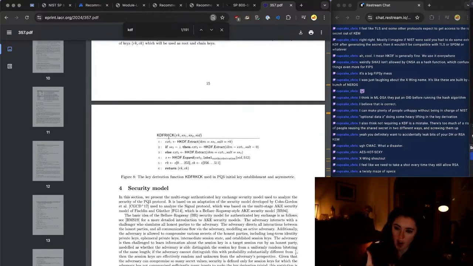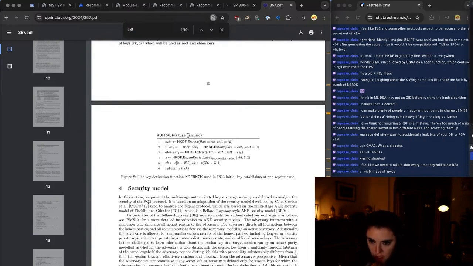Then all in one is extract. You shove in the extract and then you pass all that into expand, and then you output two different keys. There's a ratcheting key and I think a chaining key. I forget, because they actually introduced ratcheting into iMessage when they made all these updates, which is pretty great.